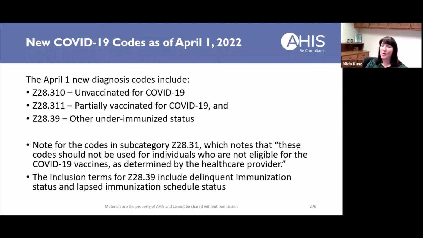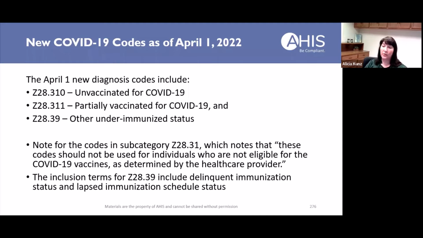We don't want to use these codes for people who are not eligible for the vaccines. If their physician is saying they are not a good candidate for these vaccines, you don't want to use these codes. You don't want to code somebody with an under immunized code if their physician says they can't have it. So just be careful with that.